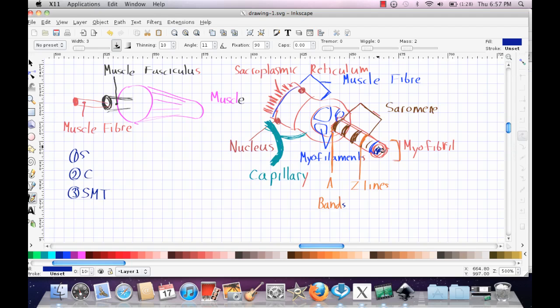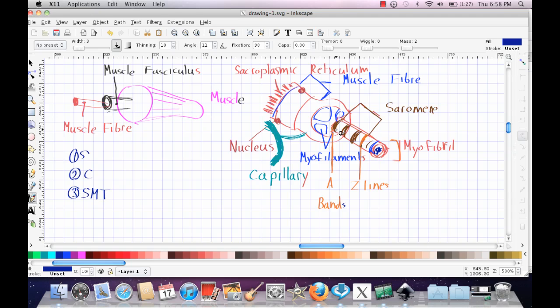Each myofibril is surrounded by the specialized endoplasmic reticulum of the muscle cell called the sarcoplasmic reticulum. This thing here, sarcoplasmic reticulum. The lumen of the sarcoplasmic reticulum is filled with calcium ions for reasons that shall become clear shortly.